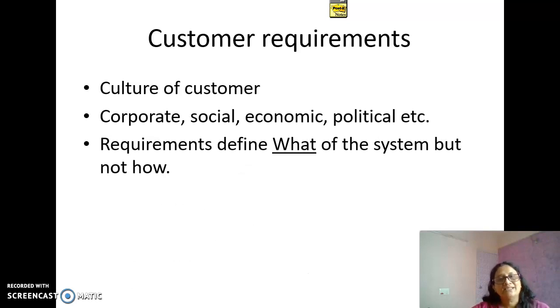So when we collect all this data, or when we study a lot of customer requirements, especially the culture of the customer, whether the customer is social, economic, political, corporate, we collect all these requirements, the what of the system, and then we will be able to at least define our problem in a better manner.